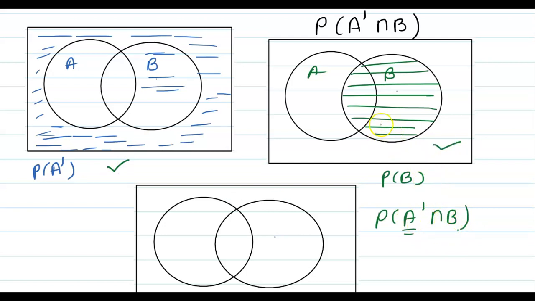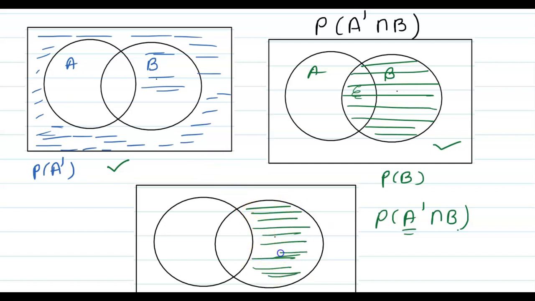So what is the common part? If you see here, outside it is shaded in one diagram but not shaded in the other, so just leave it. Inside, B is shaded, but this area is shaded in one and not in the other, so just leave it and just shade B. So this will be like this.